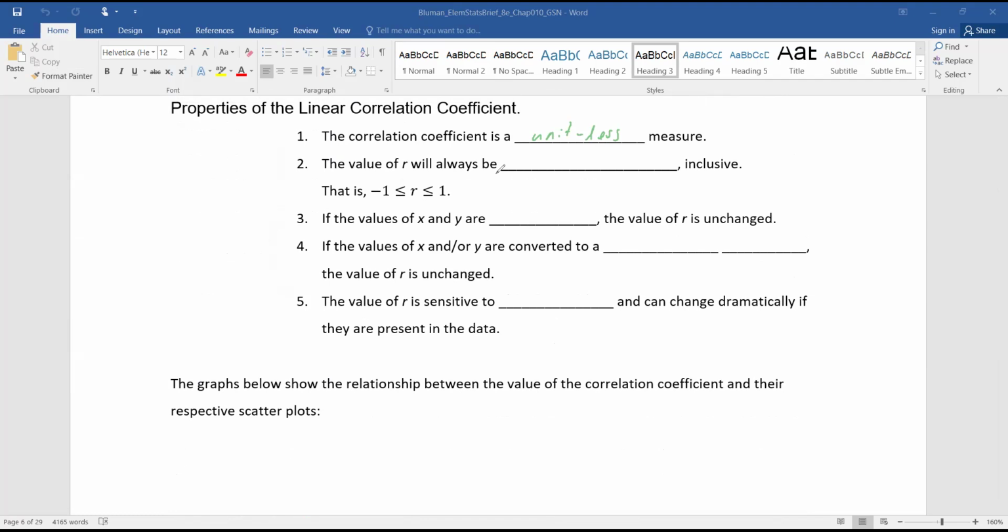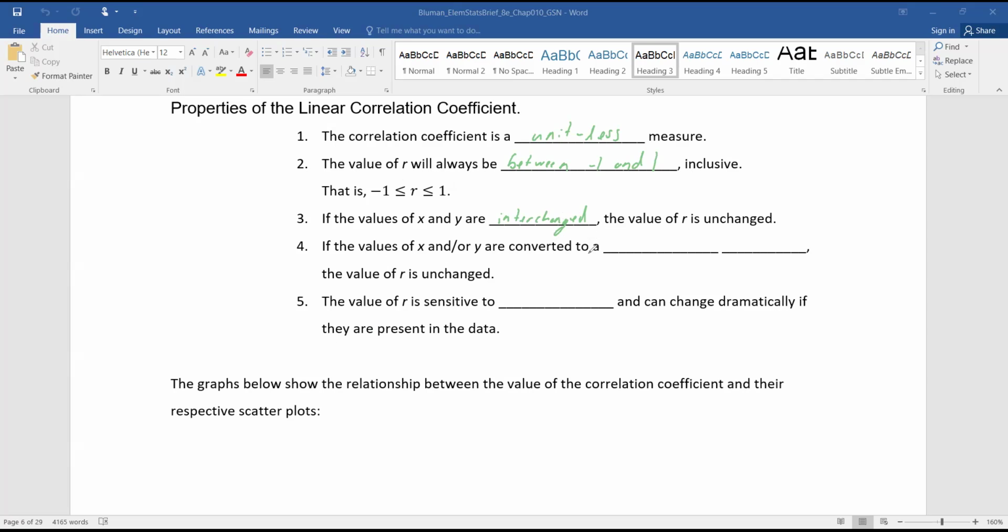The values of r will always be between -1 and 1, inclusive. So that means that -1 and 1 could be an answer, and everything in between. If the values of x and y are interchanged, the value of r is actually unchanged, because all r does is tell you if there's a correlation there or not, regardless of which one is x or y.